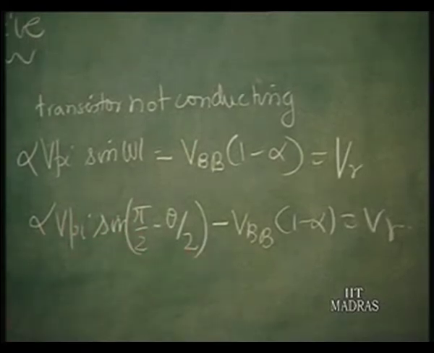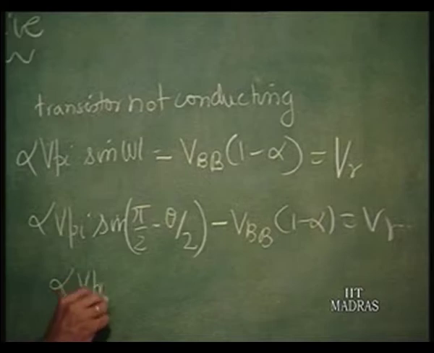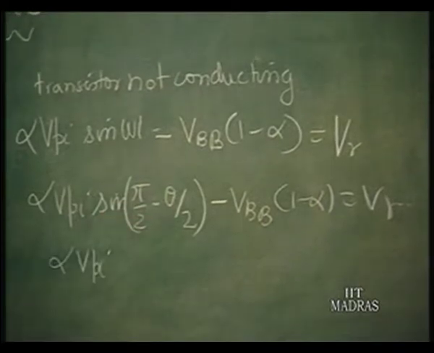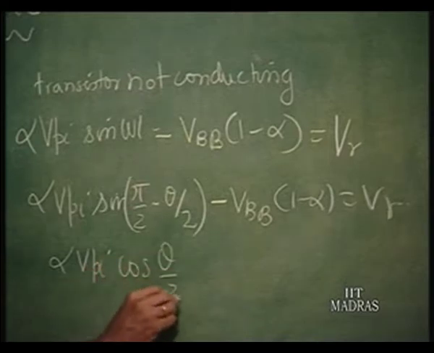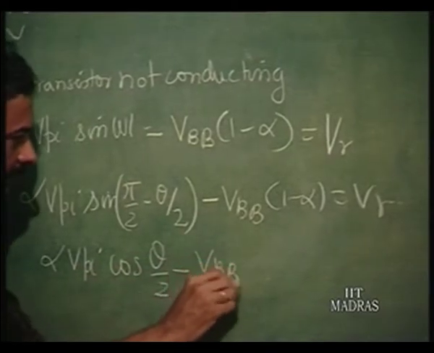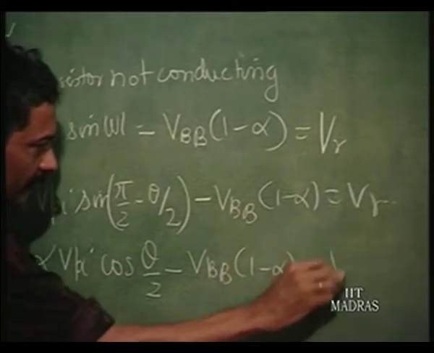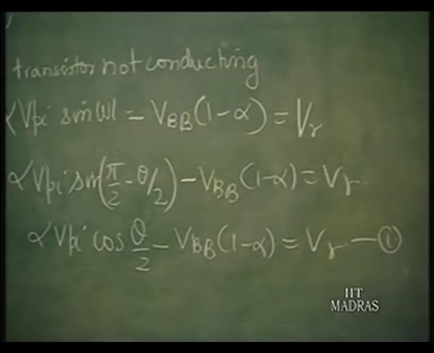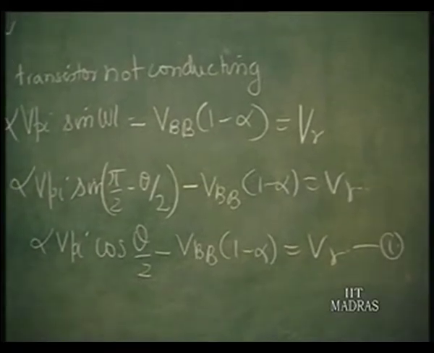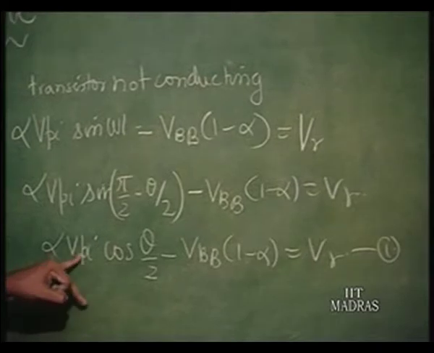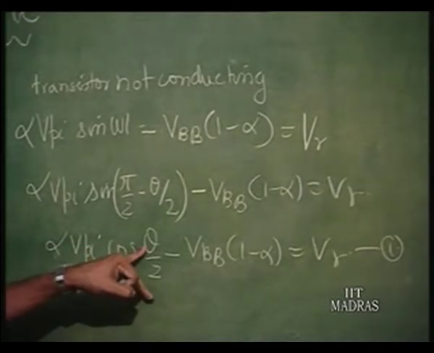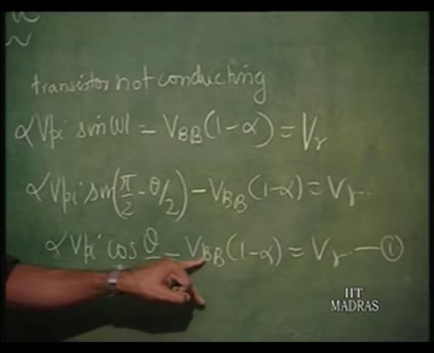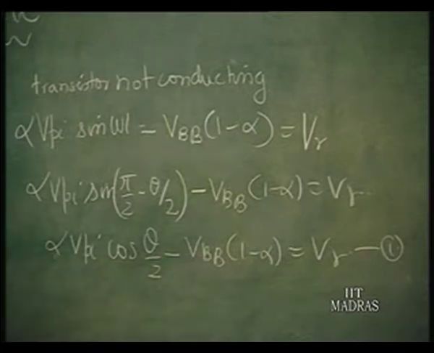So, alpha Vpi, this is sin of pi by 2 minus theta by 2, which is cos theta by 2, minus Vbb into 1 minus alpha should be equal to V gamma. This is one equation for design. There are lots of variables here. Alpha is not fixed, Vpi is not fixed, theta is already fixed because this is based on output design, Vbb is not yet fixed.